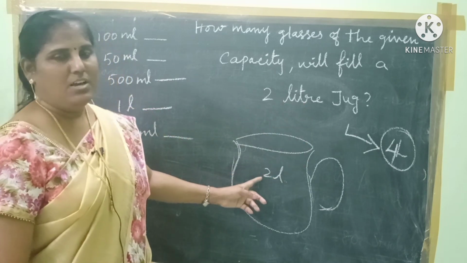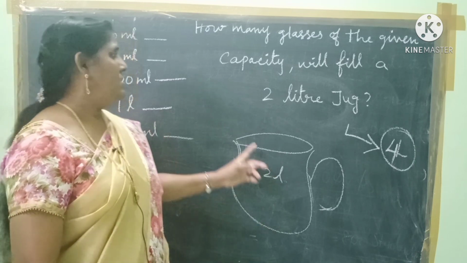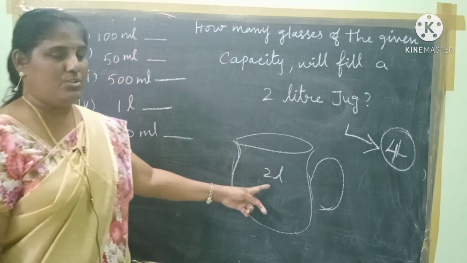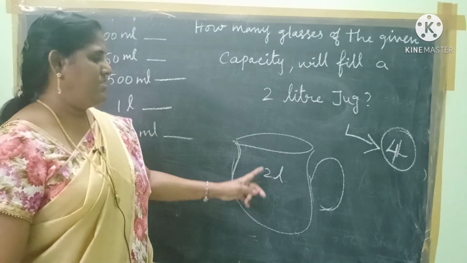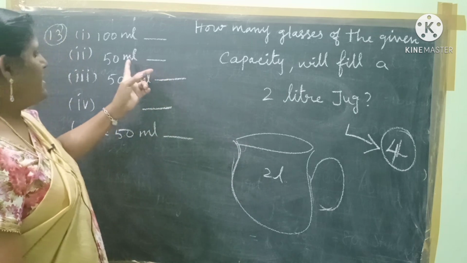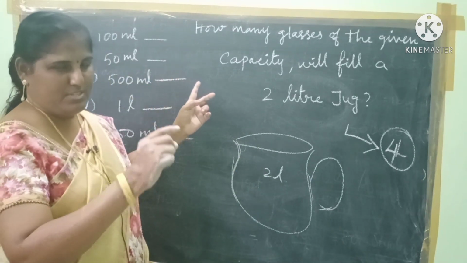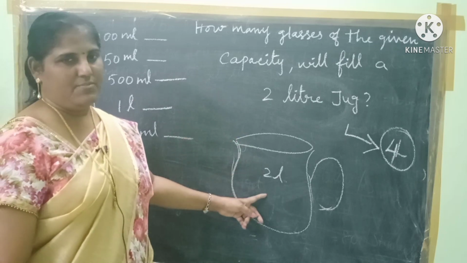So first of all, as usual, I already told you. If they are asking in ml, change the liter to ml, divide it, and find the number of glasses. Next, for ml, liter to ml, set the rule first, then divide it and find the answer.